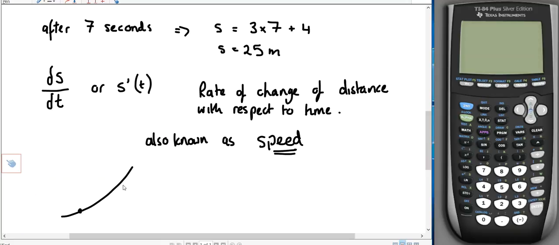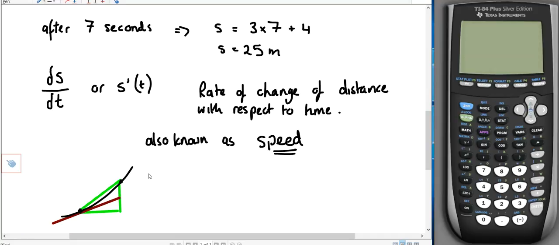If you want to know an average speed, we took two points and did rise over run, the change in distance over time. That would be an average speed. But then if I do the tangent to a point and find the gradient, I would know the instantaneous speed at that point.